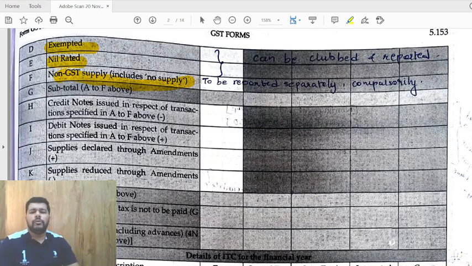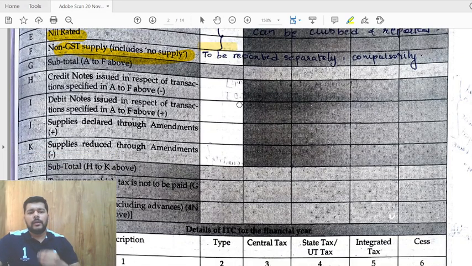And therefore you need to ensure that ये non-GST supplies, which includes no supplies, which includes transactions of sale of petrol, diesel, alcoholic liquor for human consumption, anything of that sort, will be considered as a part of here, which will be reported over here. एंड जो आपको सिर्फ डेटा एग्जाम्प्टेड के साथ क्लब नहीं करना है, उसको अलग से रिपोर्ट करना है.